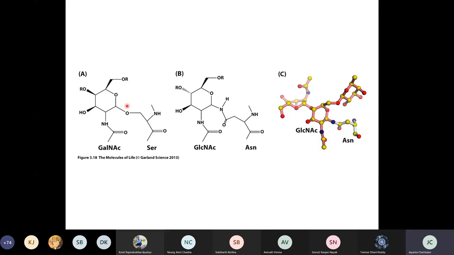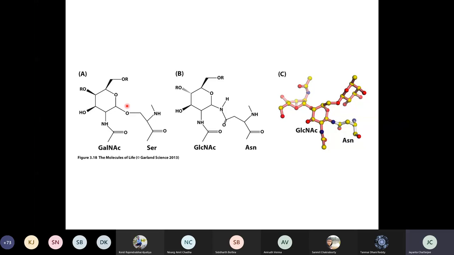Sir, why doesn't tyrosine make a bond? Because tyrosine also has the OH, like it should. Yeah, that's a good question. But essentially, if you think of the chemical nature of the linkage, that is a phenol.